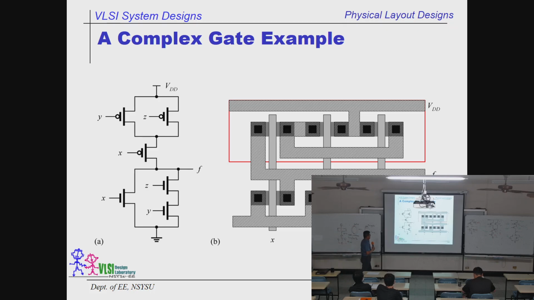This is a very complicated gate here. So again, we divide it into 2 parts, PMOS and NMOS. We care about this one. It's NMOS here. If NMOS is doable, then PMOS, of course, can be done.